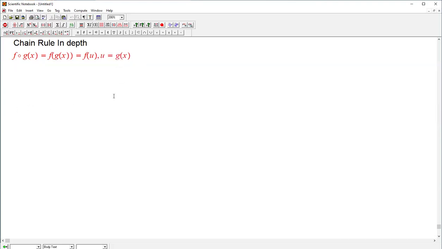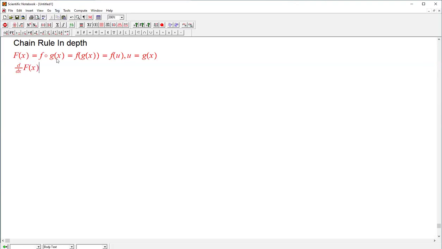Now we call the composition capital F of x, and we are interested in the derivative of this capital F of x with respect to x.